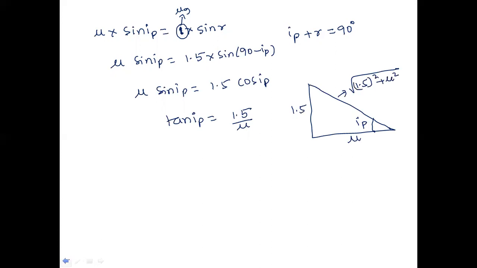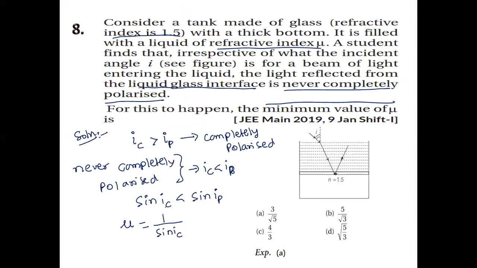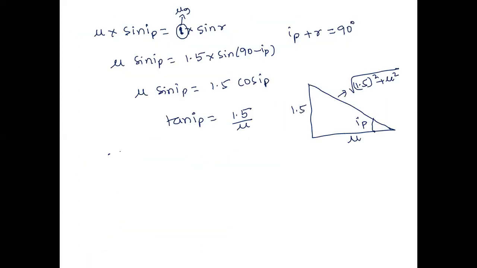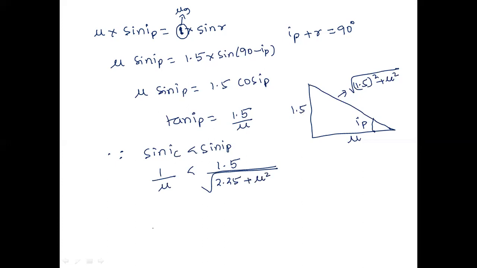We are having the condition that sine IC is less than sine IP, that is 1 by mu is less than sine IP, meaning opposite side 1.5 by under root 2.25 plus mu square.